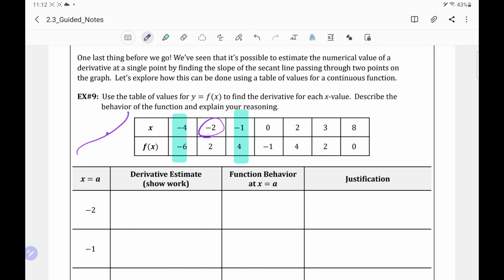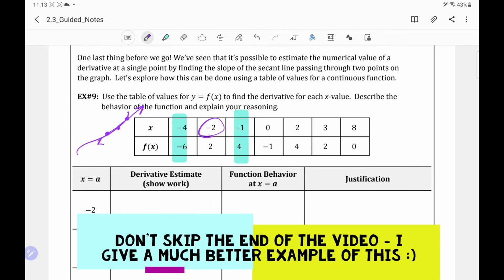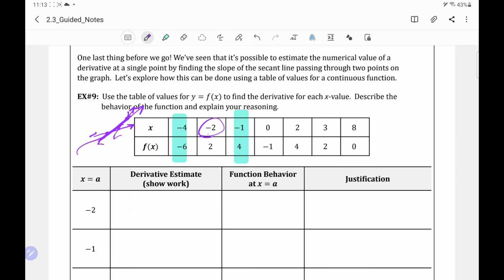And let's say that this point here is -4 and this point here is -1. If I connect them, then I'm going to get the actual slope of that line. If I try to go over here to -2, notice how different the two lines are. The one in the middle is going to work better. So try to visualize that, draw yourself a little picture if that didn't make sense.